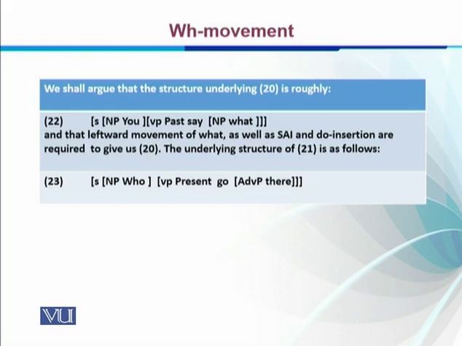Similarly, what happened with the next sentence, 23? Who, and then we have present go and adverb there: who is going there. So it means that who can be in the noun place, and it can be found in the initial position, but nothing tells us that it is moved from the end of the sentence to the initial position.